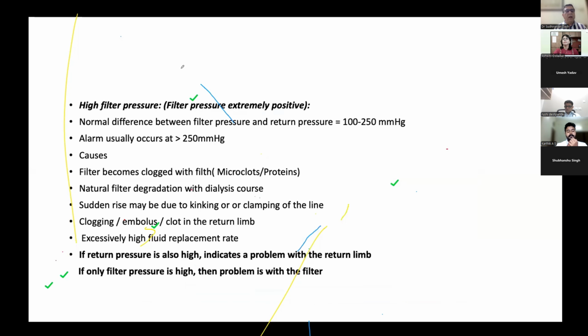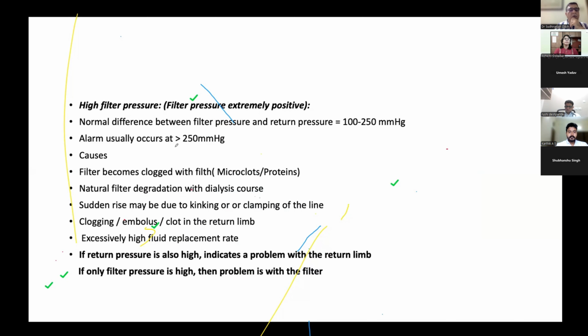Then the high filter pressure. Usually the alarm starts when there is a pressure of more than 250 millimeter of mercury, which is the difference between the filter pressure and the return pressure. And what are the causes?